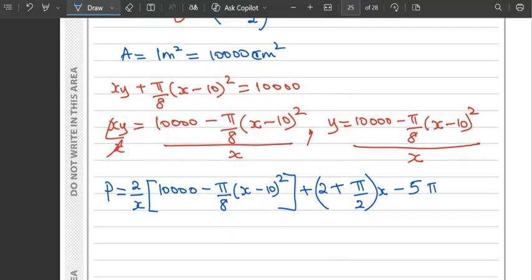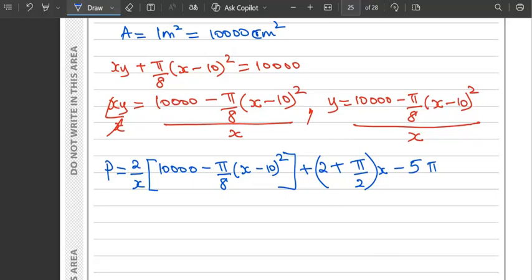Now what we can do at this point is to first expand, or simplify, the first bracket.